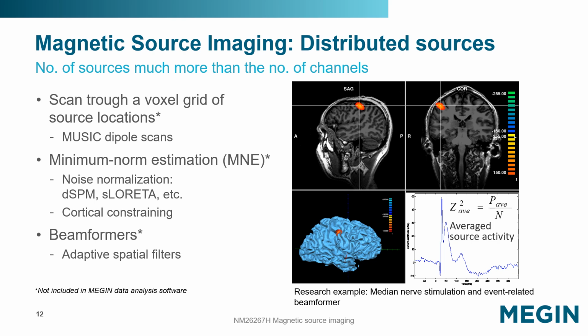The minimum norm estimates can be further elaborated by noise normalization methods, for example in dynamic statistical parametric map technique, or dSPM, and standardized low-resolution electromagnetic tomography, or sLORETA. Yet another approach to distributed source imaging is provided by beamformers, which are spatial filters adapted to the measured data.